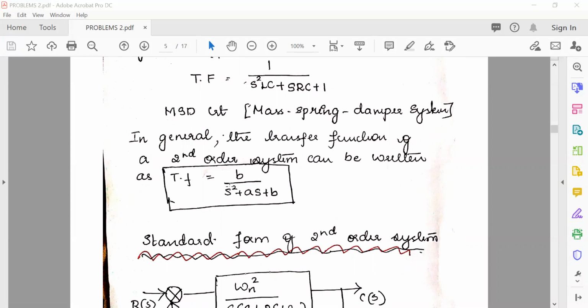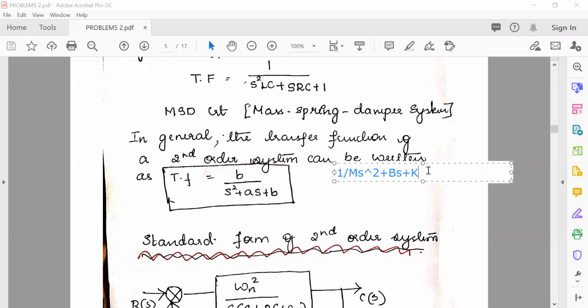The second order mechanical system will be B by s square plus As plus B. If you remember from what we did in the first chapter on mechanical systems, it is Ms square plus Bs plus K. Usually it is 1 divided by M, s square plus B s plus K, if you remember. So you take out M outside.